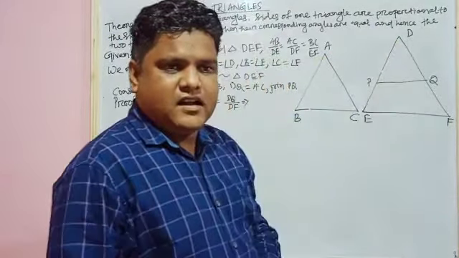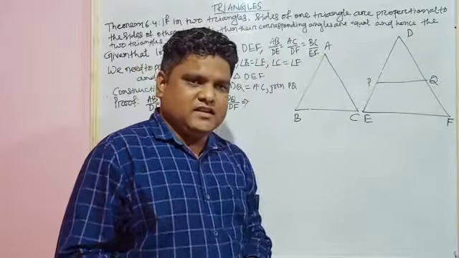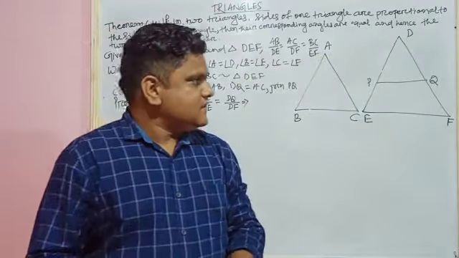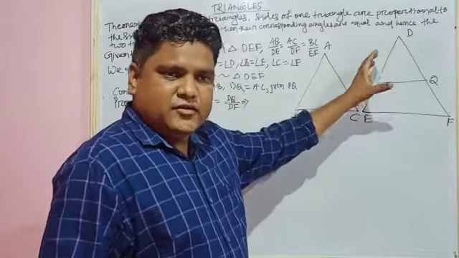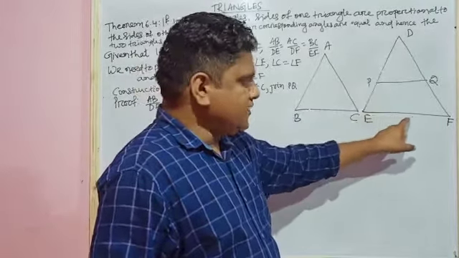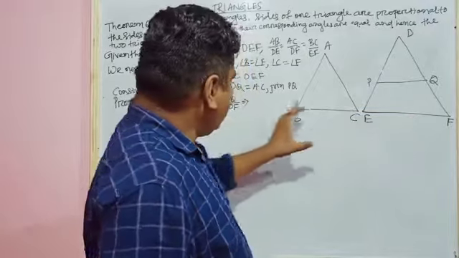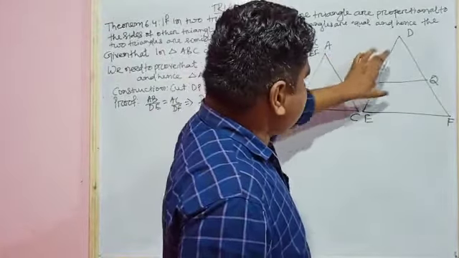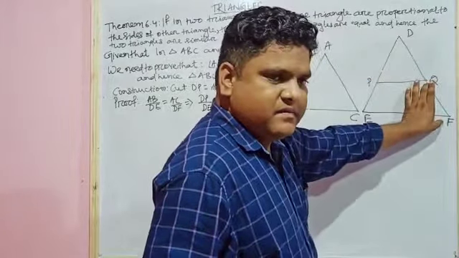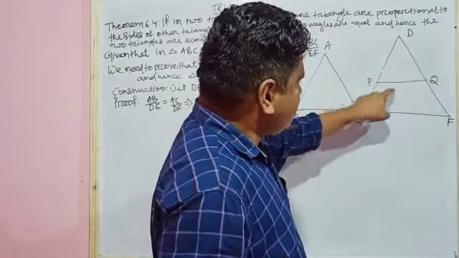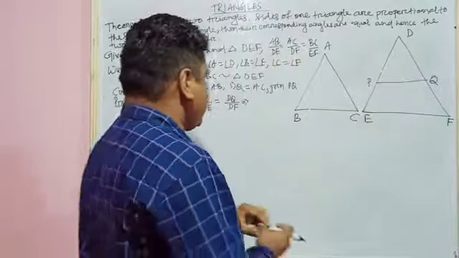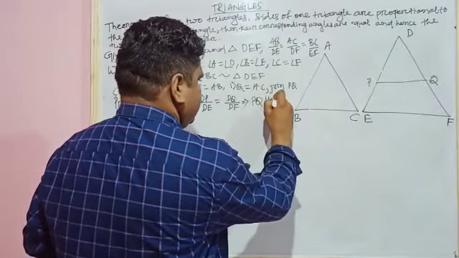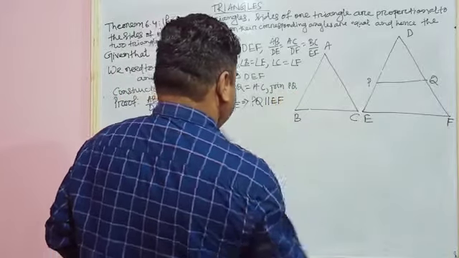We have already read theorem 6.2, that is, if a line divides two sides of a triangle in equal ratio, then the line is parallel to the third side. So from this we can get that PQ must be parallel to EF. So this implies that PQ is parallel to EF.